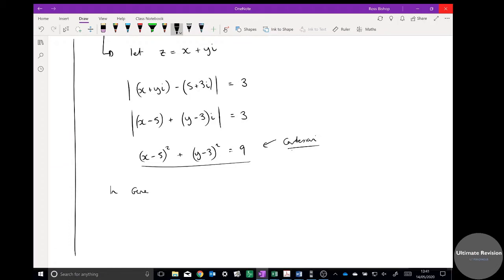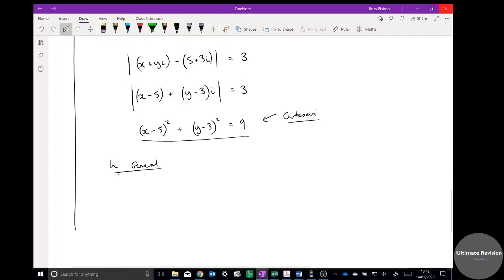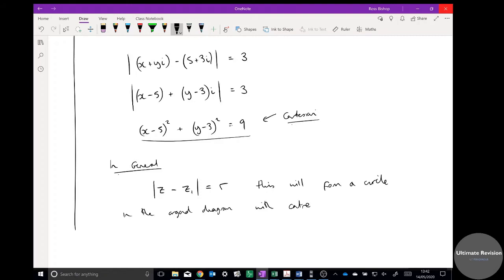Now, you don't need to know the proof of that, but you need to know in general: if you've got the modulus of z minus z1 equals r, this will form a circle in the Argand diagram with center z1 and radius r.